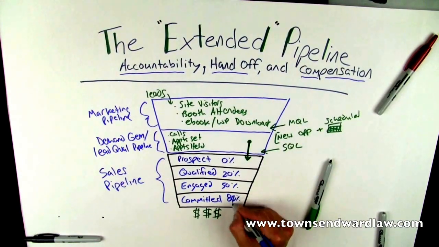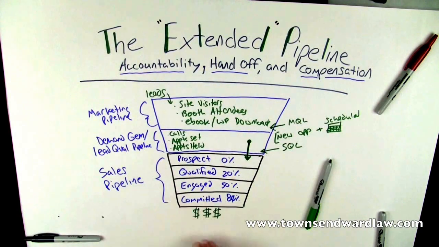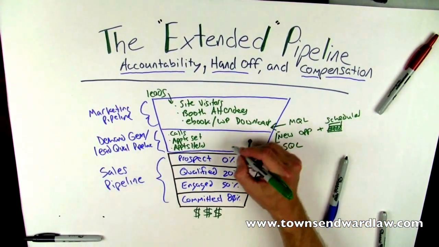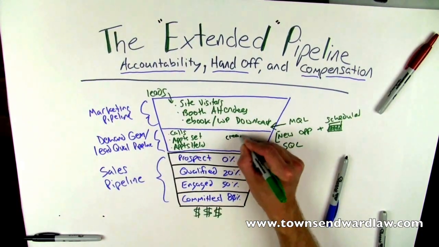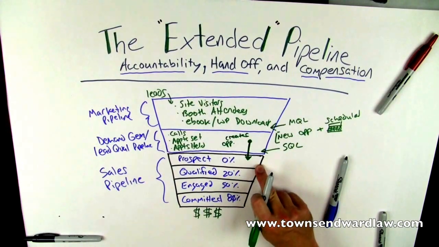Sometimes I'll use an additional stage referring to the legal process, a lot of negotiating, but I really prefer a simple stage model here. And what you'll note is that the demand gen rep here is the one who physically creates the opportunity and hands it off to sales.